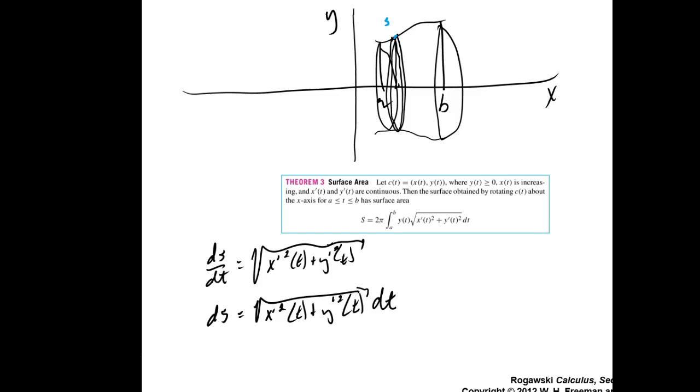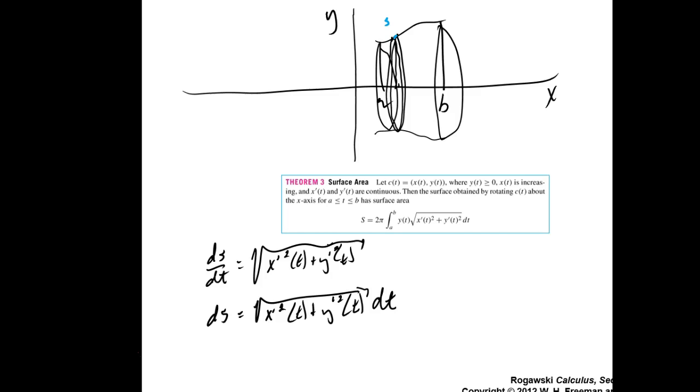360 degrees, which is how many radians? 2 pi. 2 pi y is the circumference of that circle we've got there. That slice that we have here, the circumference of that is 2 pi y.